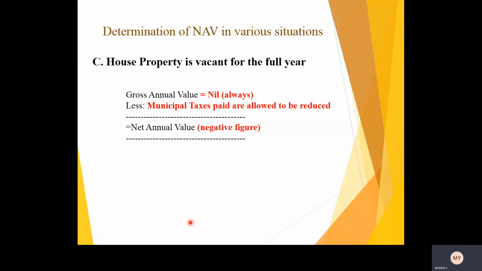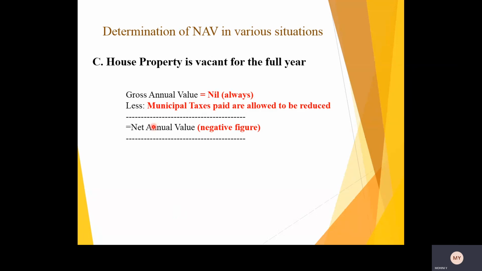So in this case, there is no loss of vacancy concept, because you have not given your property on rent to anyone, so you cannot calculate the loss of vacancy. Okay, in this case, because it was vacant for the entire year, you cannot calculate the loss.